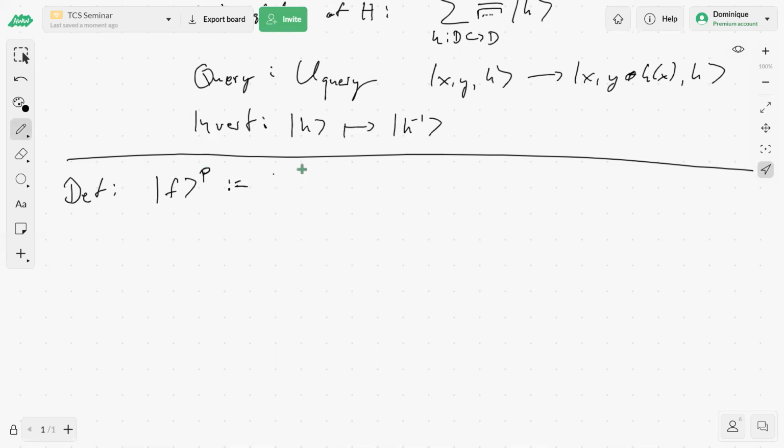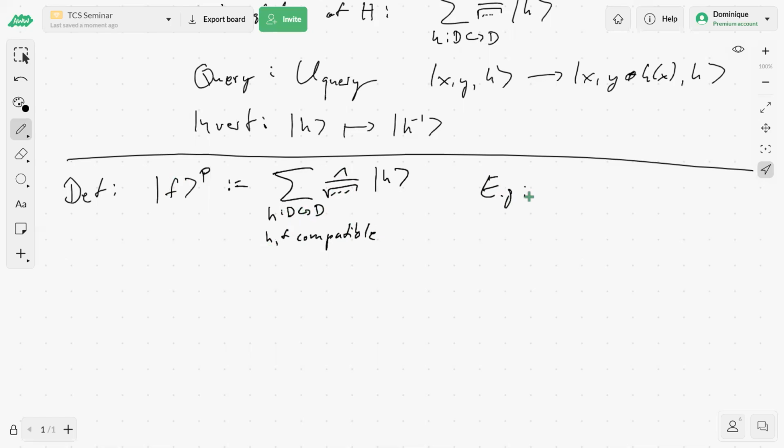And this is defined as the superposition of all h's, where h is an injection and h is compatible with f. So instead of taking all functions that are compatible with this partial function f, we take only the injections that are compatible. And then here's some normalization factor.